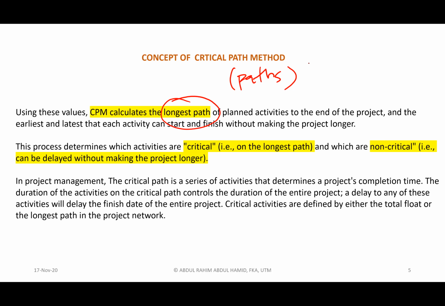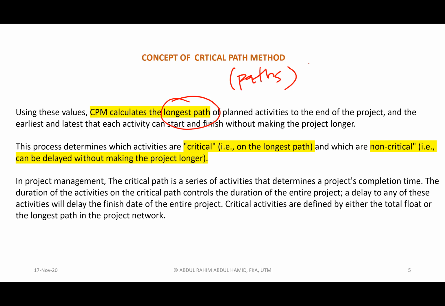Remember one thing, critical path is not single. It could be multiple critical paths. But in our examples, or even in our exam for learning purposes, we do not have so many paths, because we only give a limited number of activities. Otherwise, you will take forever to solve the network diagram.